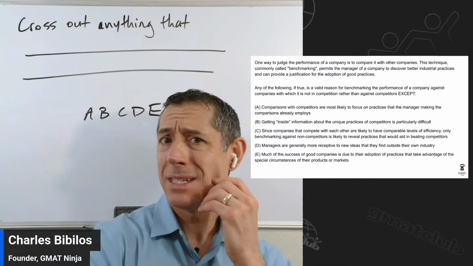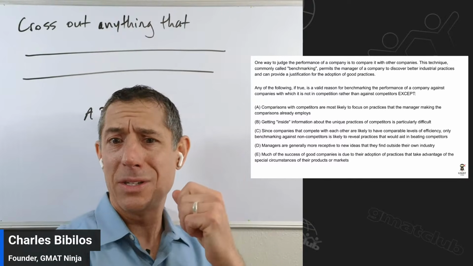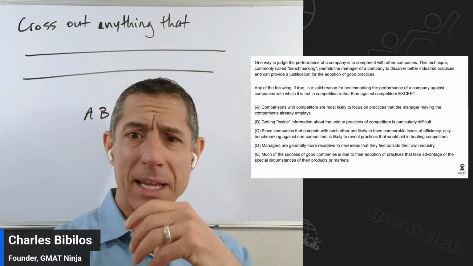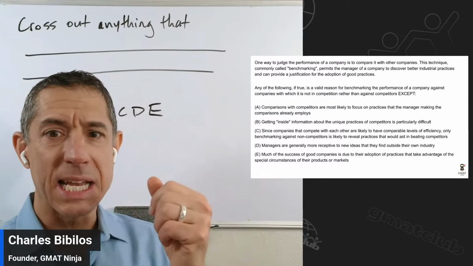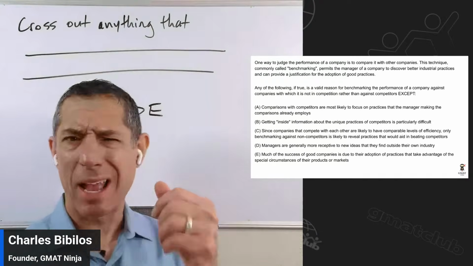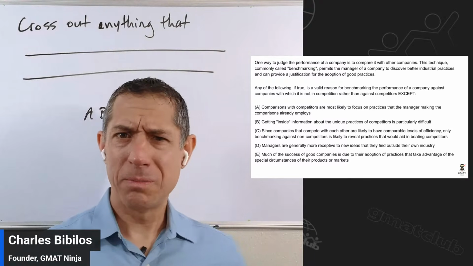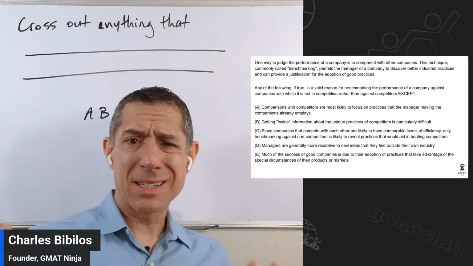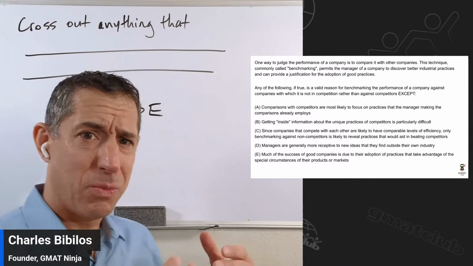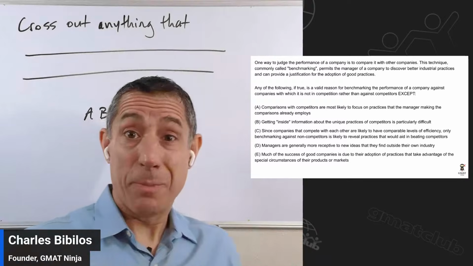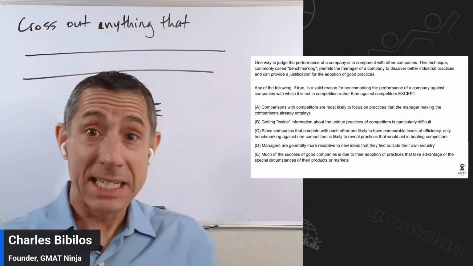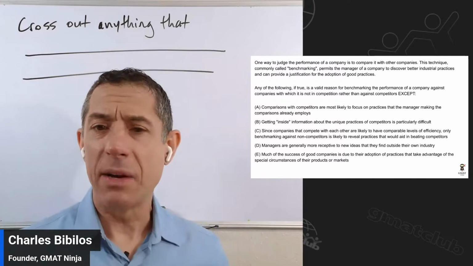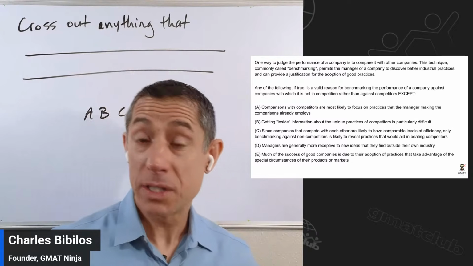It just kind of seems to be some loose facts, like, hey, you can judge the performance of a company by comparing it to other companies. The technique commonly called benchmarking permits the manager of a company to discover better practices and prevent. Okay, so all the passage is saying is there's a thing called benchmarking where you go look at other companies and steal ideas. It's called copycatting. Okay, fine. I don't see any structure there. I don't know what to do with it.